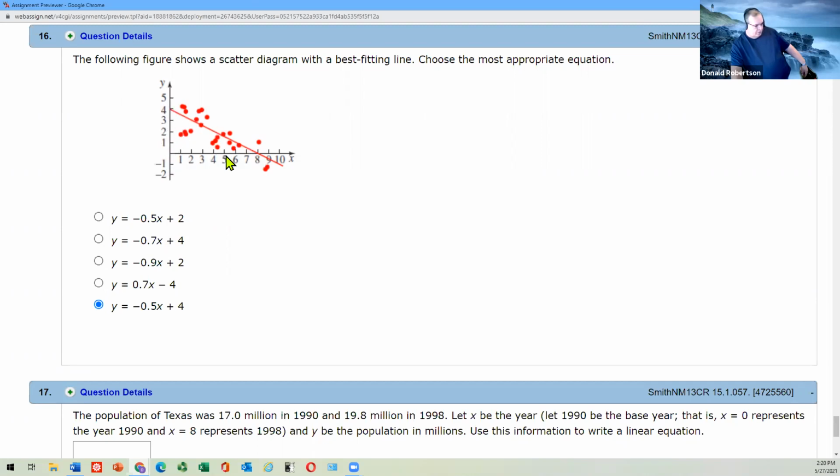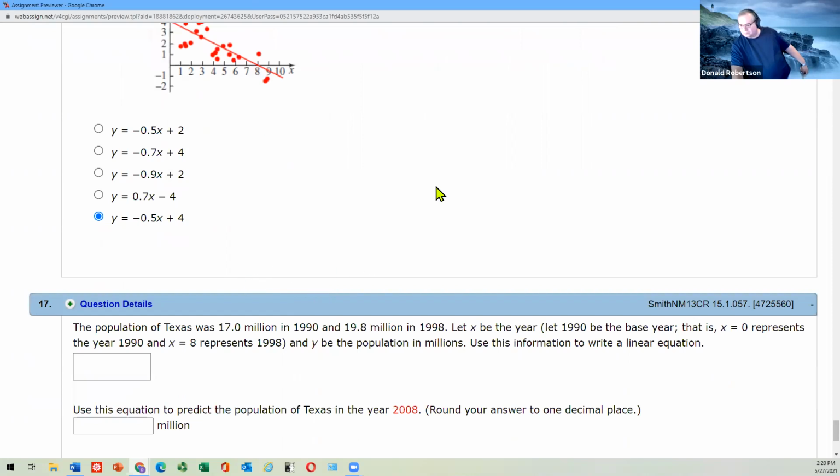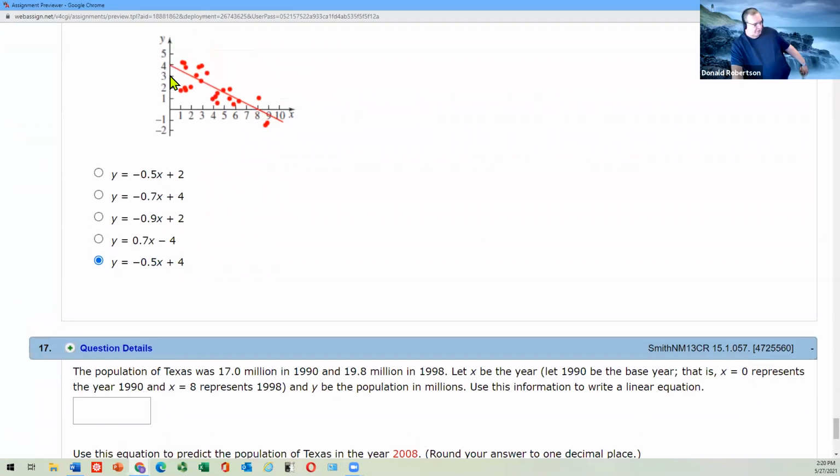It's 4 and it's 8. Would you agree that's roughly a half? Isn't it sloping downward? So it's roughly -1/2. So that's why I picked that one. The y-intercept is 4, and the slope is roughly a half, -1/2 because it's pointing downward.